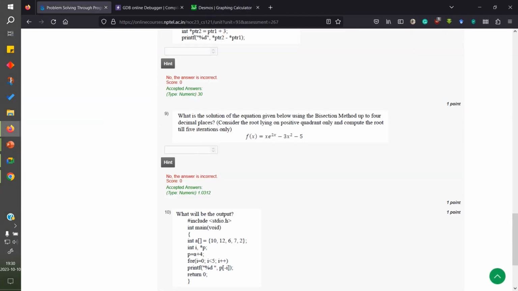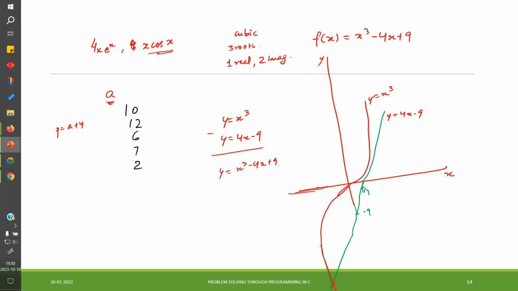Then we have a for loop going from I equals 0 up till I less than 5, and we are printing P of minus I. I'm just writing the pseudocode, okay? Then we print P of minus I.